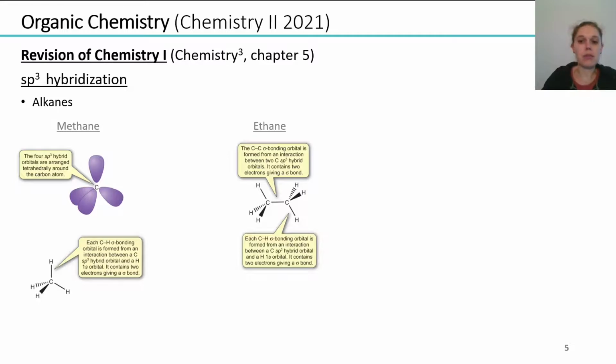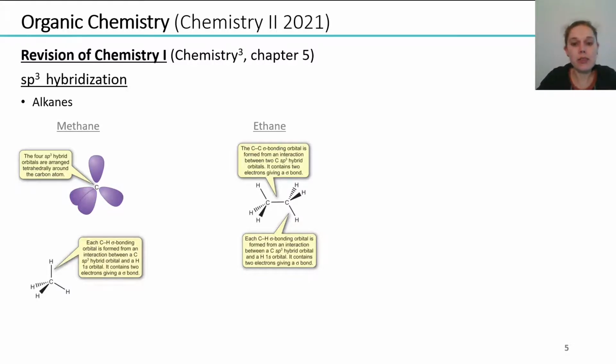We know that both of the carbon atoms are sp3 hybridized, and then we can form 3 carbon-hydrogen sigma bonds from the interaction between the sp3 hybrid orbital and the hydrogen s orbital. And then, the carbon-carbon sigma bond is formed from the interaction between 2 sp3 hybrid orbitals.